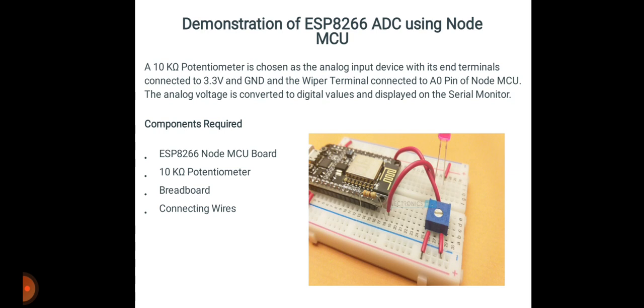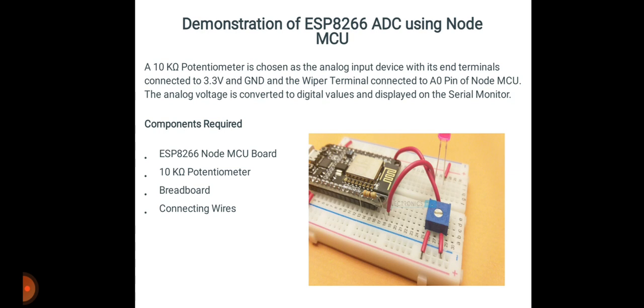Here, a 10 kilo ohm potentiometer is chosen as the analog input device, with its end terminals connected to 3.3 volt and ground, and the wiper terminal connected to the A0 pin, as you can see in the figure of Node MCU. Then the analog voltage is converted to digital values and displayed on the serial monitor.